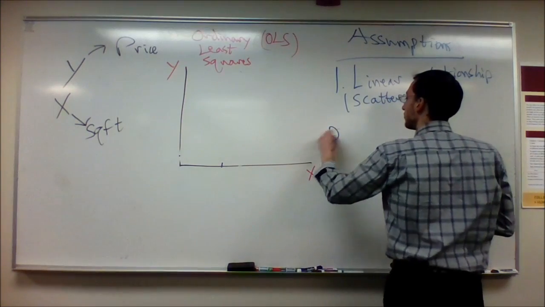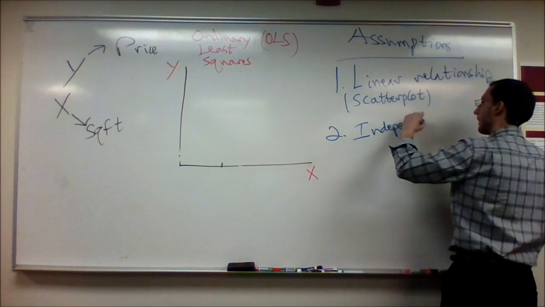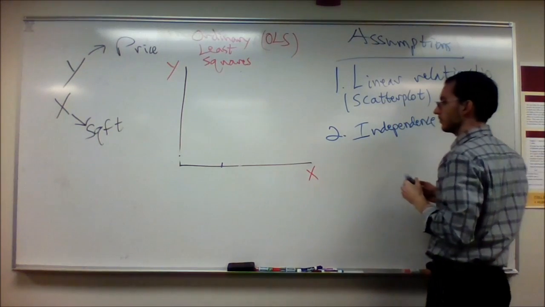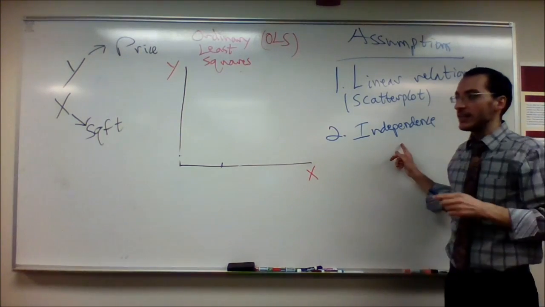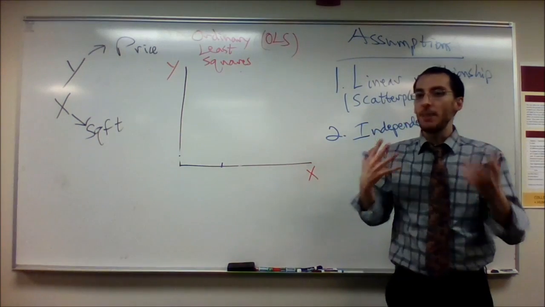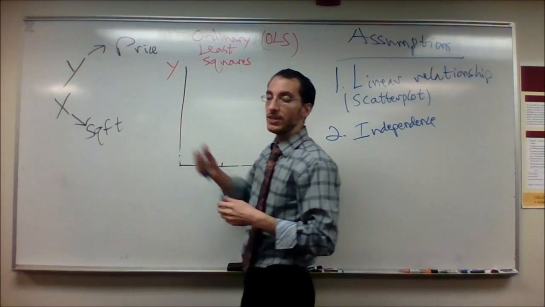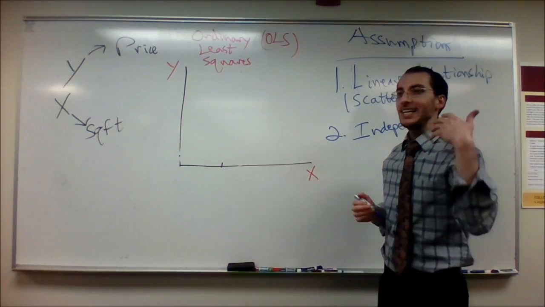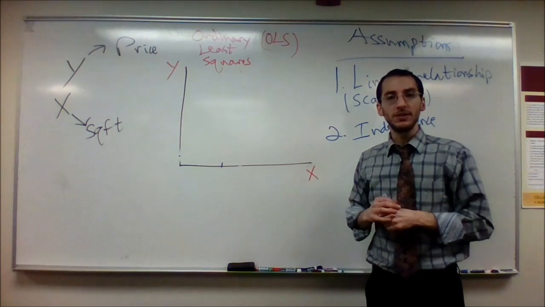The second assumption is independence. All independence is saying is that each of our y observations are independent of one another. In other words, for our pricing and square feet example, we want each house price to be independent of every other house price.